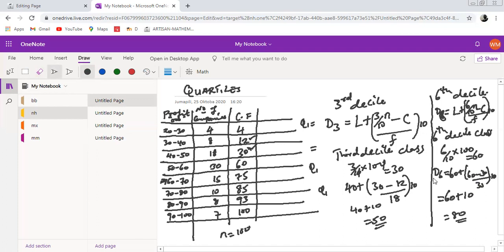And actually the lower limit was supposed to be 50. I hope you noted that this part here is supposed to be 50.